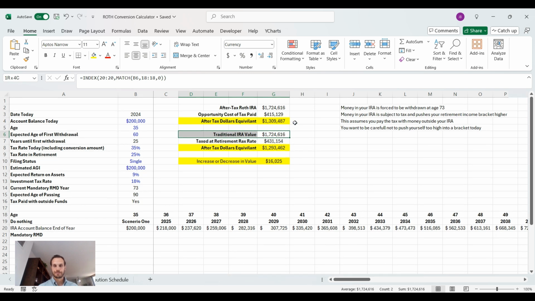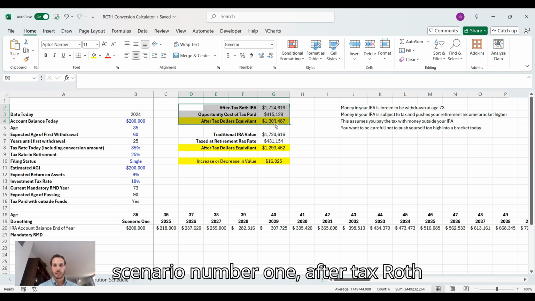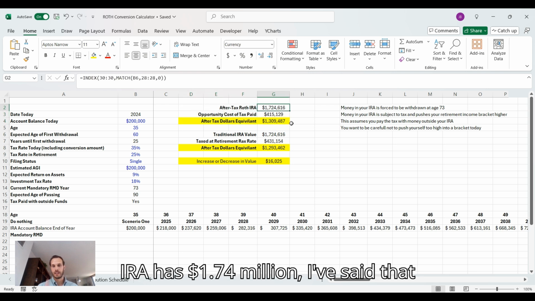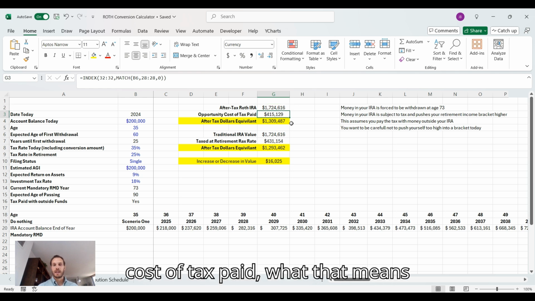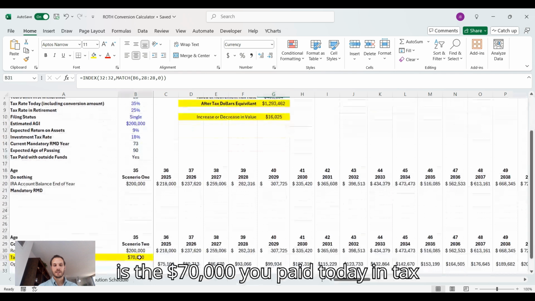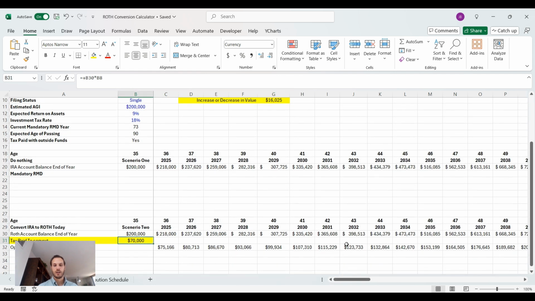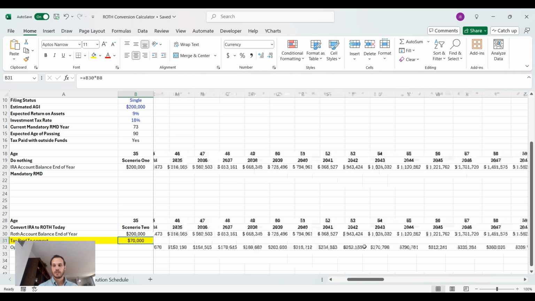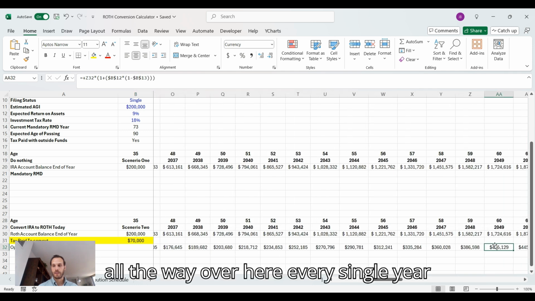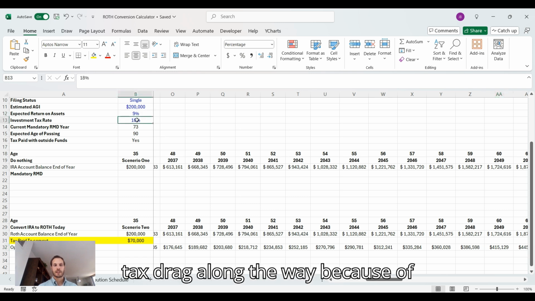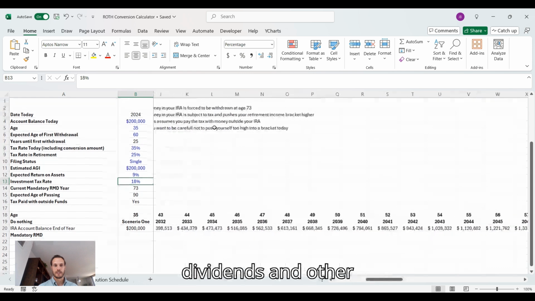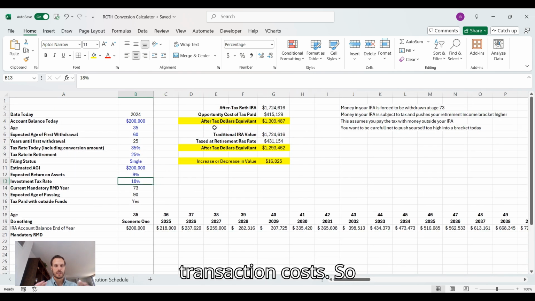In year 60, scenario number one, after-tax Roth IRA has $1.74 million. I've said that many times now. Opportunity cost of tax paid. What that means is the $70,000 you paid today in tax would have grown all the way over here every single year to $415,000, assuming a 9% rate of return and some tax drag along the way because of dividends and other transaction costs.